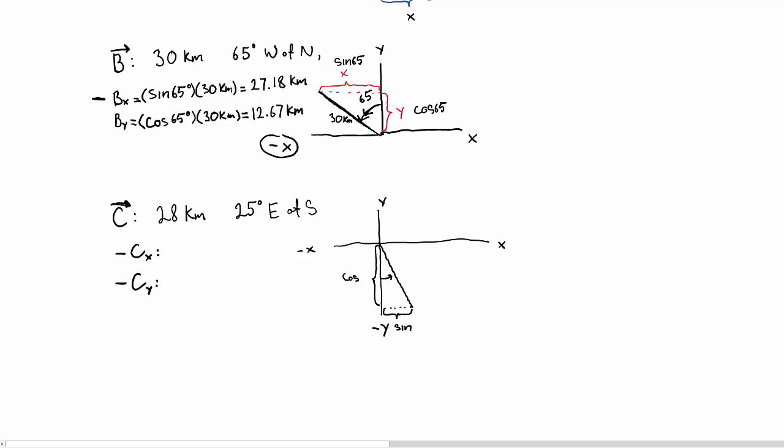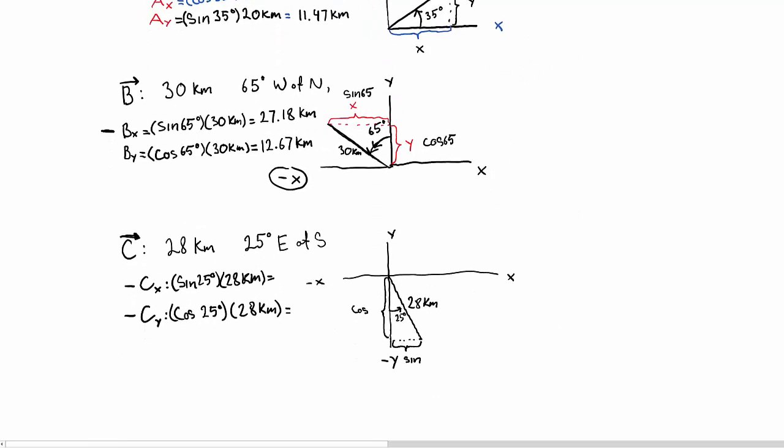And our hypotenuse is going to be there. So for y, this is going to be cosine of 25 degrees times 28 kilometers. For x, it's going to be sine 25 degrees times 28 kilometers as well.